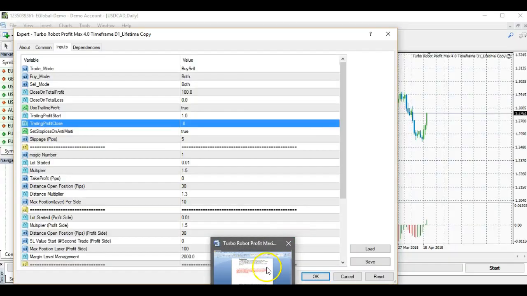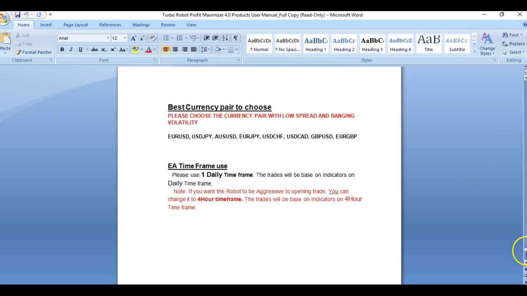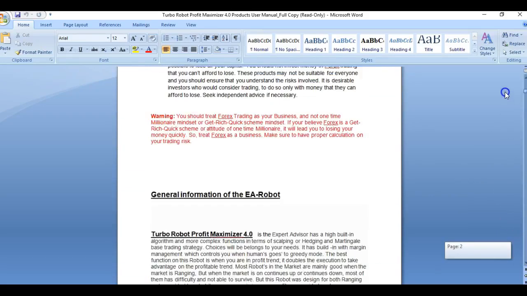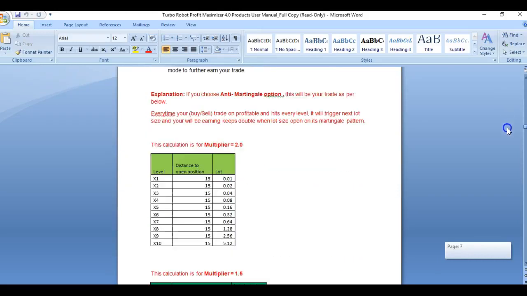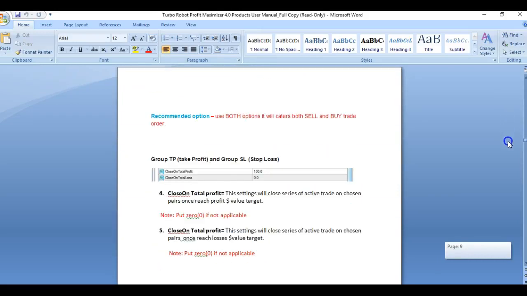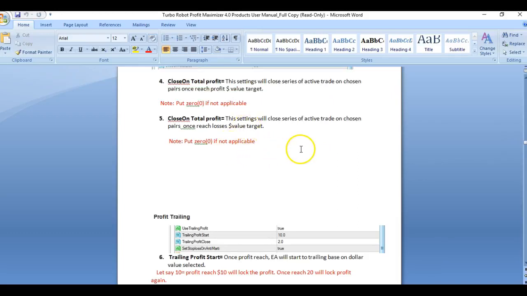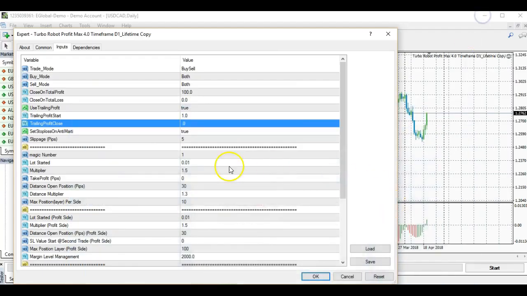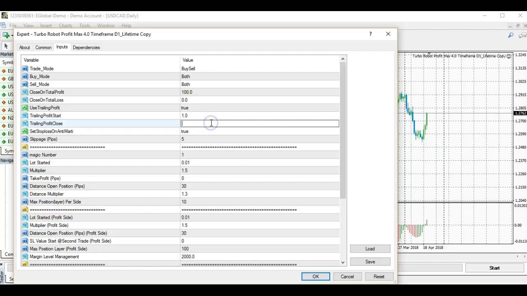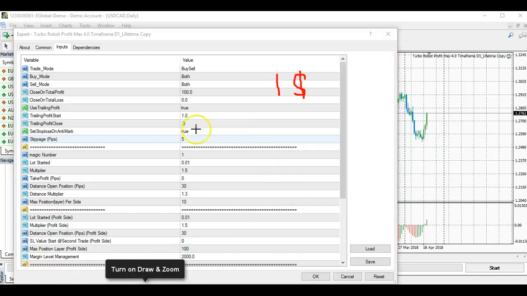It will show you. I'll show you how to explain the total profit and close profit. So the total profit close is when the market reverses back. I will explain it better.